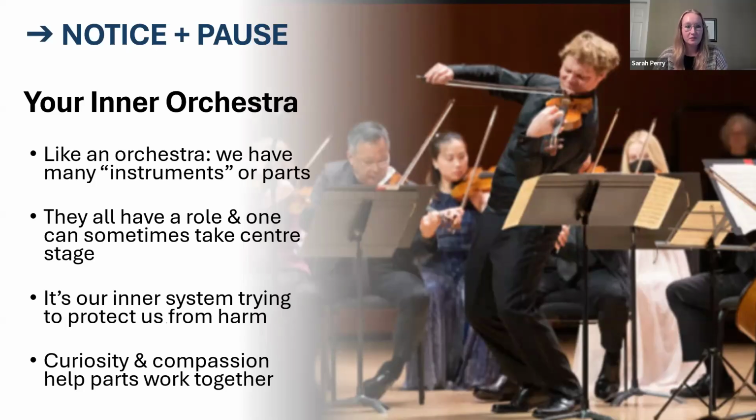We have different parts that are trying to protect us. There's reasons why they're there. And sometimes one instrument can start playing a lot louder than another or soloing. That can be when we're feeling activated by someone. It's that part getting activated.